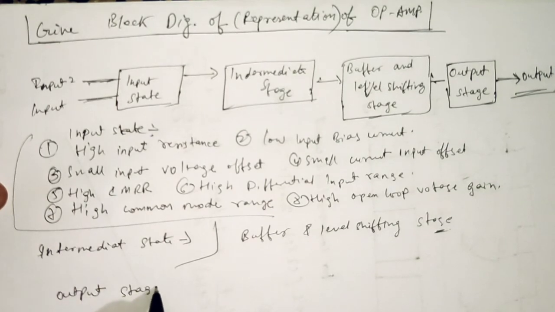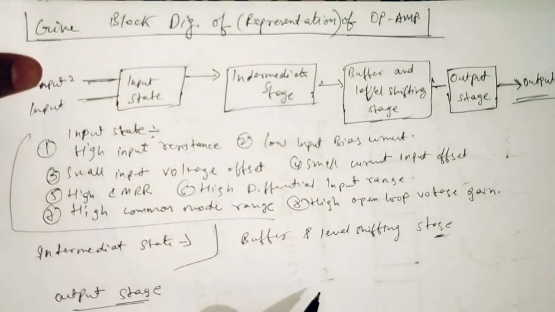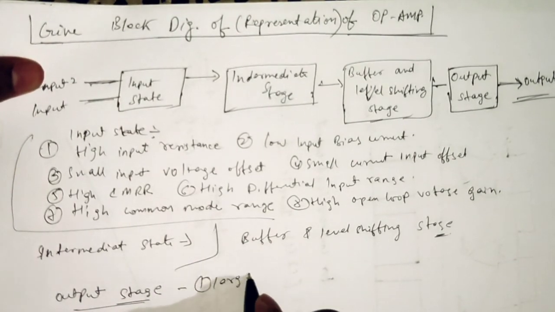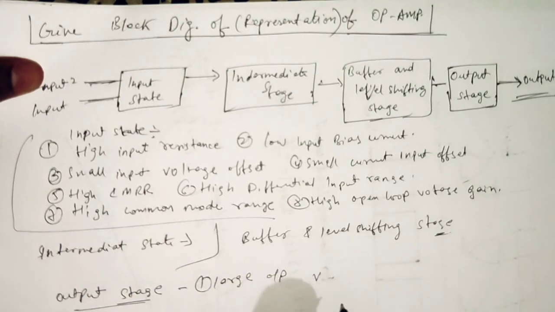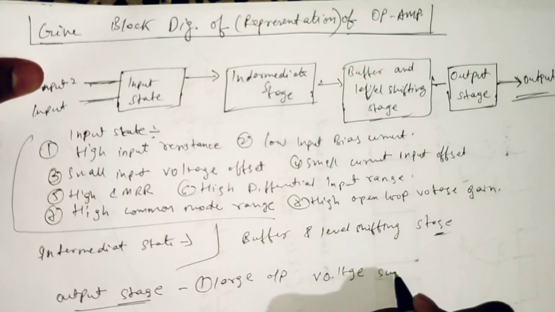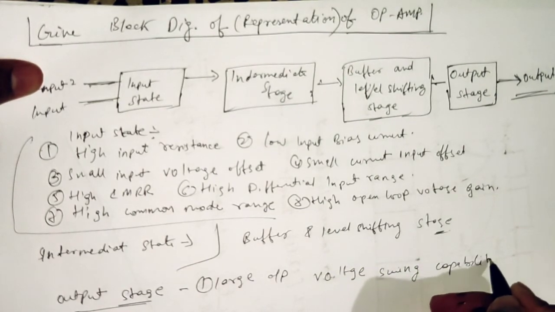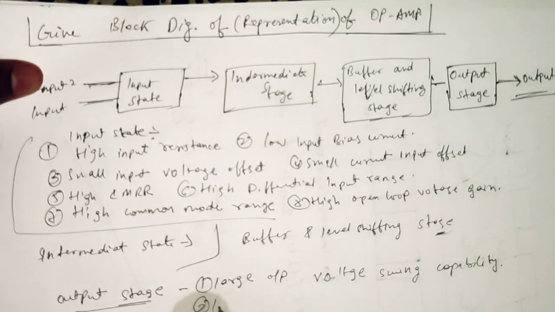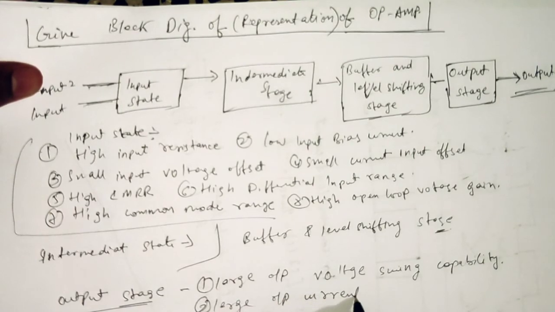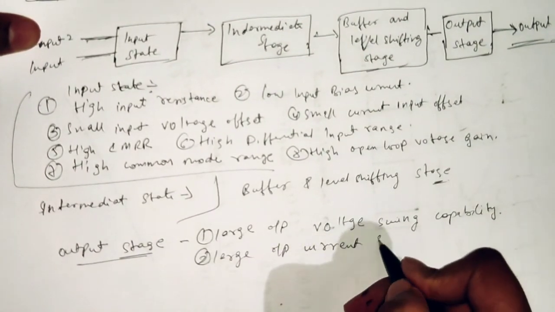The output stage needs the following basic requirements. Number 1 is large output voltage swing capability. Second point is large output current swing capability.